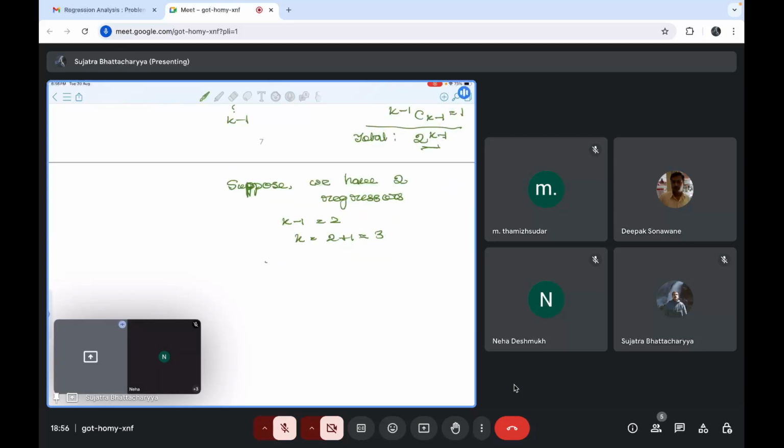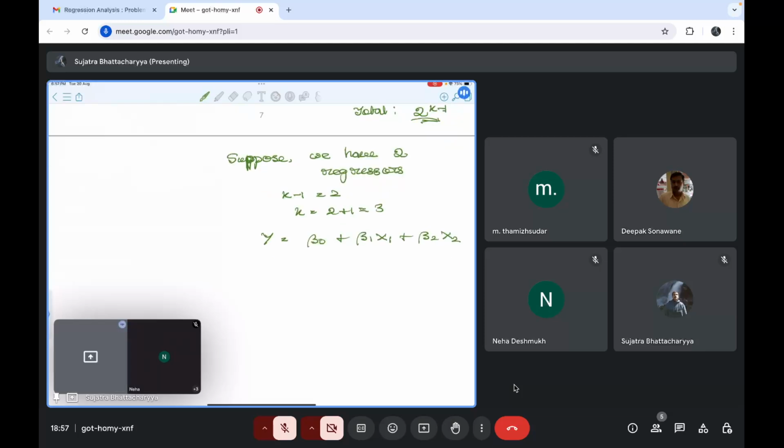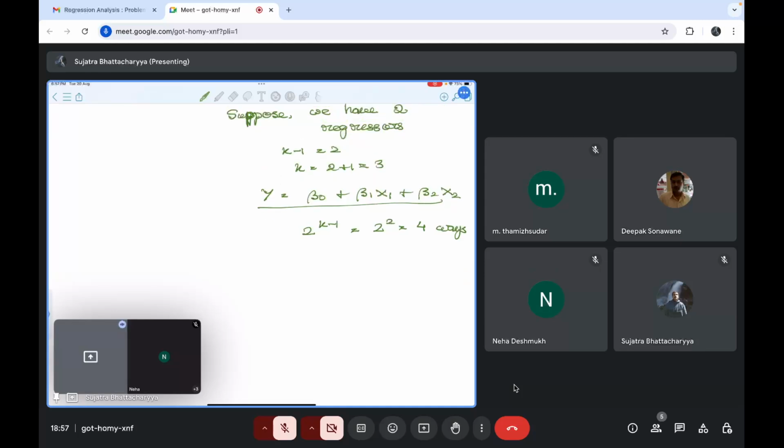Also, for two regressors, what is the model? Beta naught plus beta 1 x1 plus beta 2 x2. And how many ways can we write based on this? It is 2 to the power k minus 1, which is nothing but 2 square, which is 4. So there are four ways we can write this model by removing one parameter or adding one parameter.